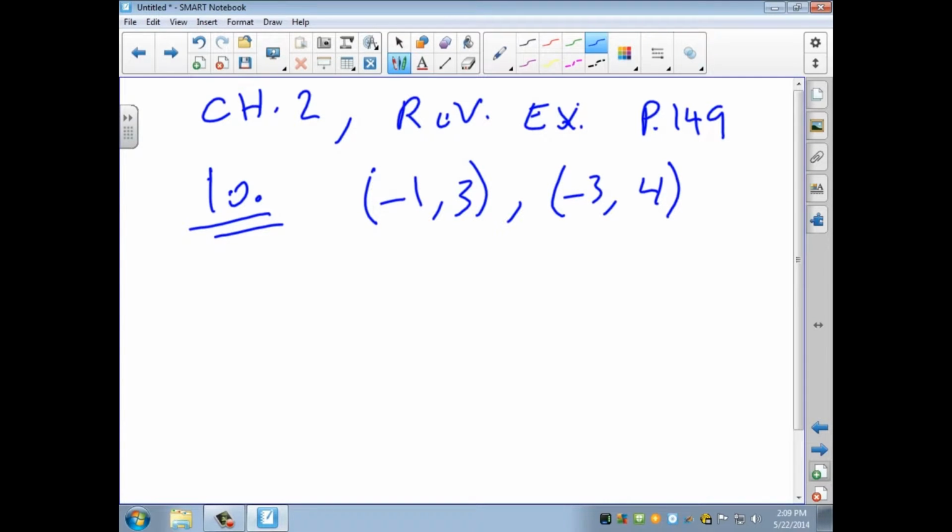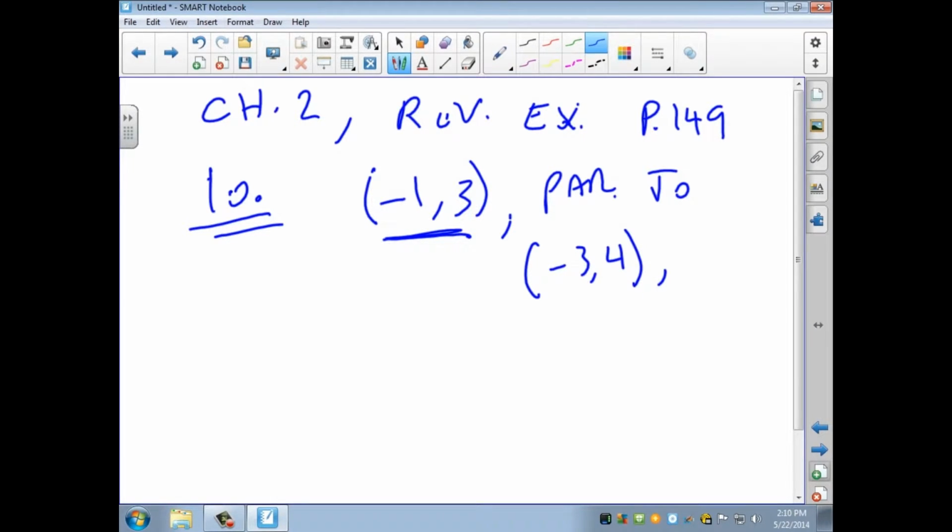I'm sorry, I read the question wrong. Let's start again. Find an equation of the line passing through the point with the coordinates of -1 and 3, and it is parallel to this line that goes through -3 and 4, and another point of 2 and 1.